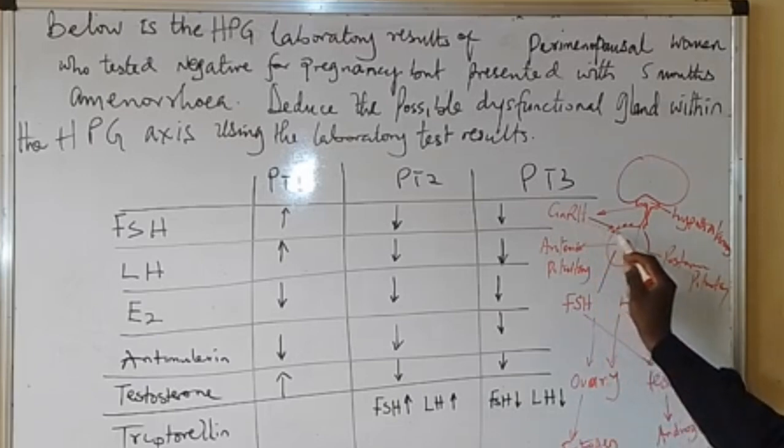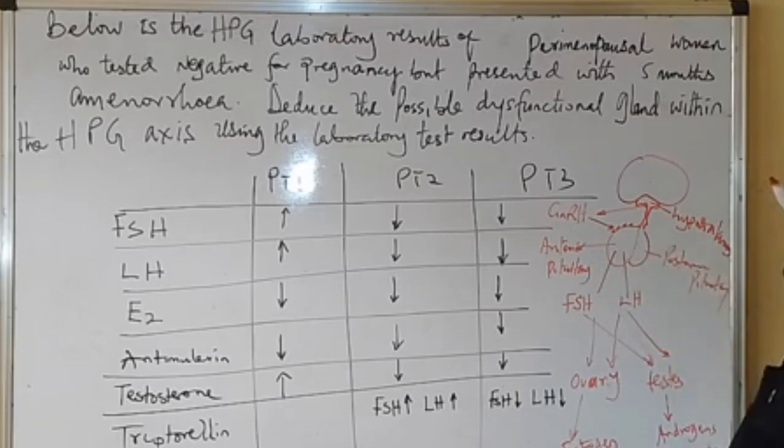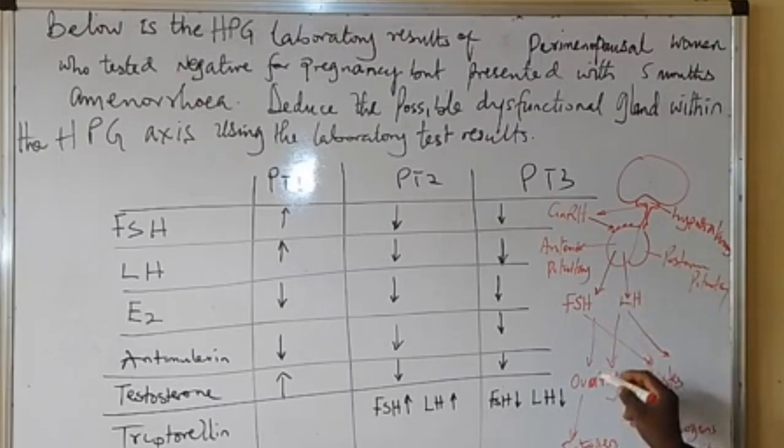This GnRH binds to the receptors on the anterior pituitary, stimulating them to release FSH and LH. The FSH and LH then go to the gonads, the ovary in the case of female, the testes in the case of male.